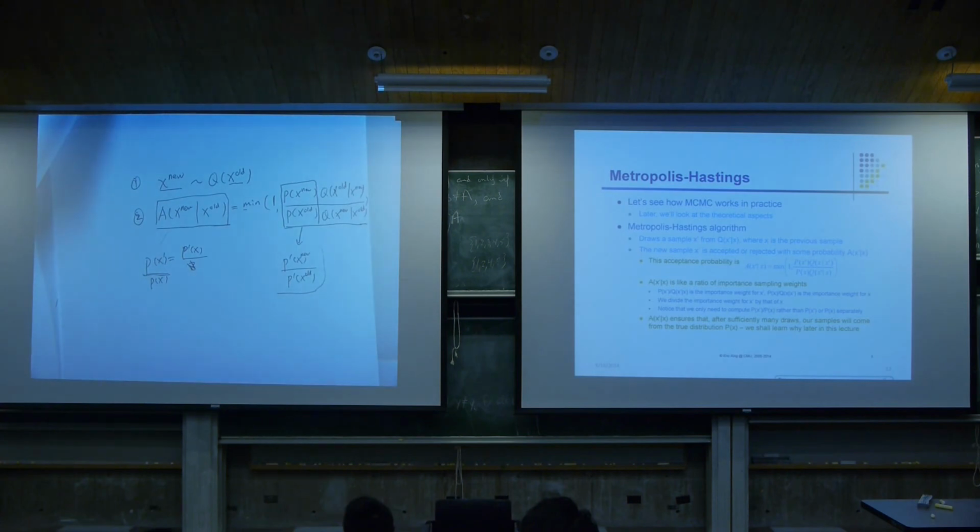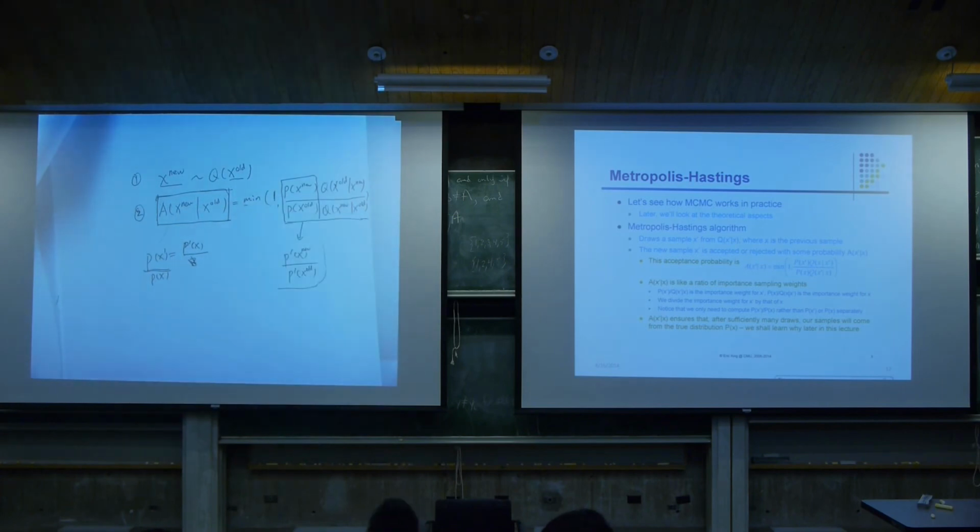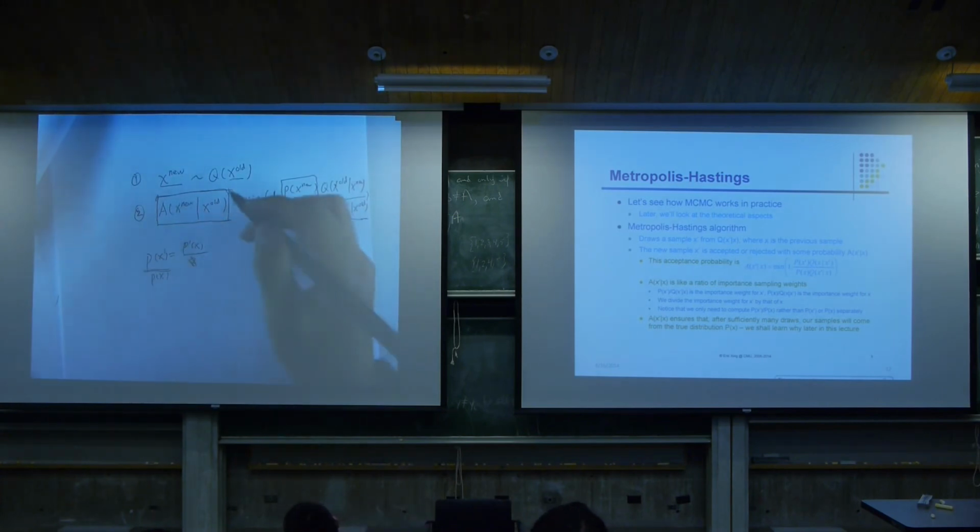That ratio can be greater than 1. Yeah, it is possible. If it is bigger than 1, A becomes 1, right? Yeah. So if it is less than 1, A is that quantity. Because A here is pretty much like the accept probability in rejection sampling.